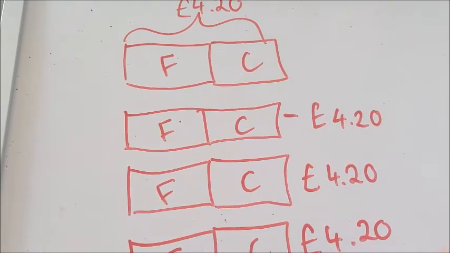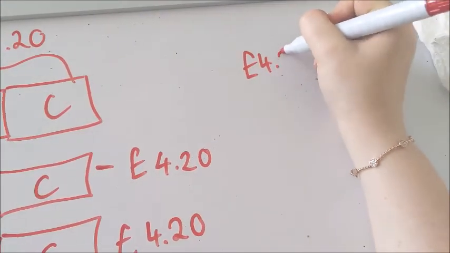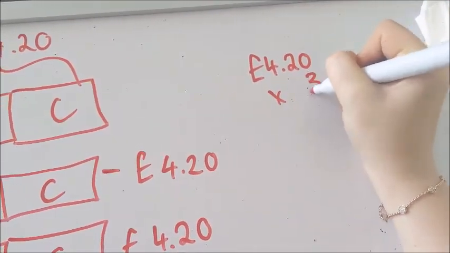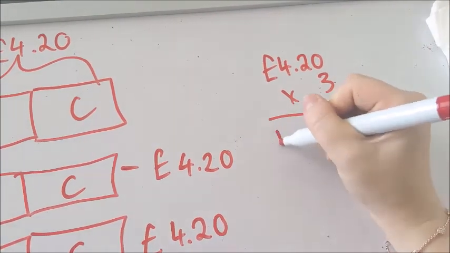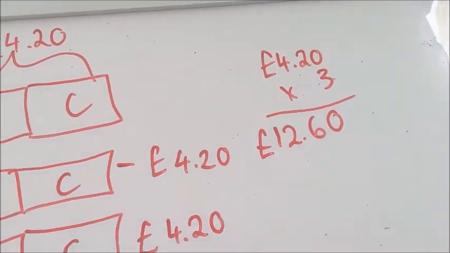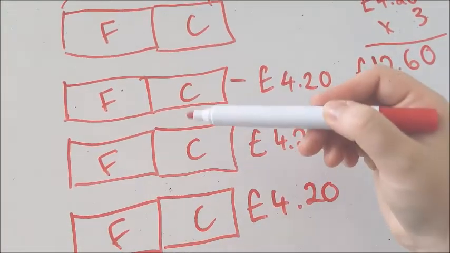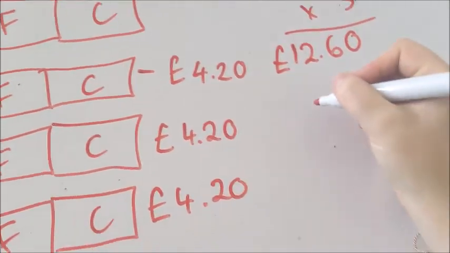So if we multiply £4.20 by 3, then that comes to £12.60. But we know that there's another portion of chips. This is only 3 portions of chips, and we know that 4 bags of chips gives us the £14.